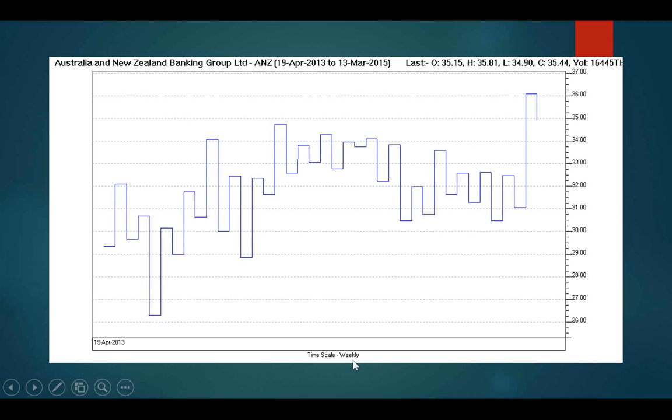It says weekly here, but these are not week by week by week. This takes time out of it. You keep taking your line up until the price actually closes down. Then you come across and down.